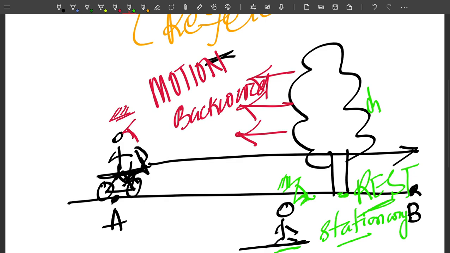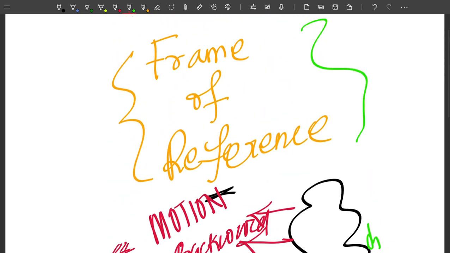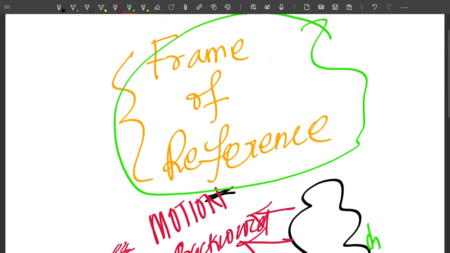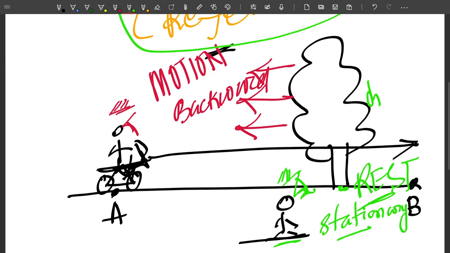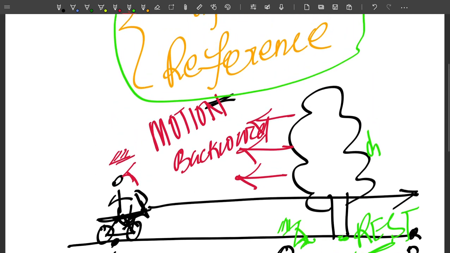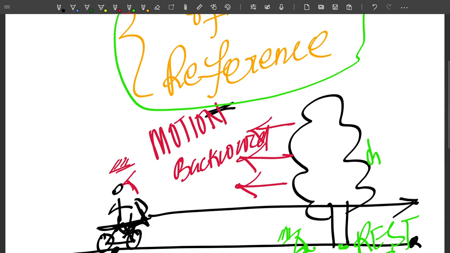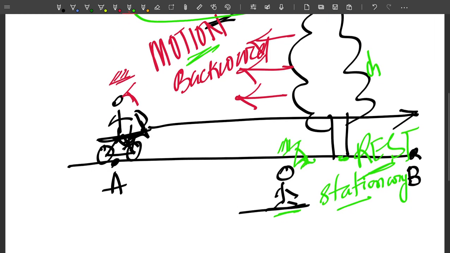And this is what the frame of reference does. It is a game of frame of reference. From your frame of reference, the tree is moving, but from his perspective, the tree is at rest.